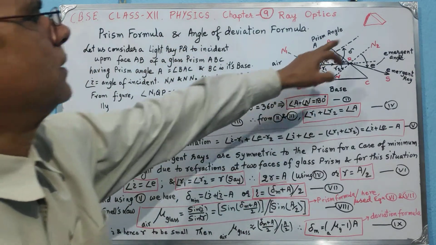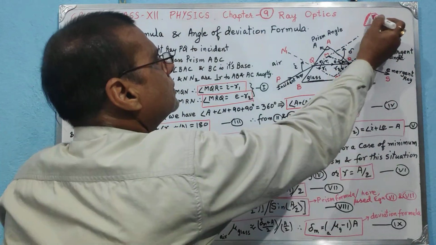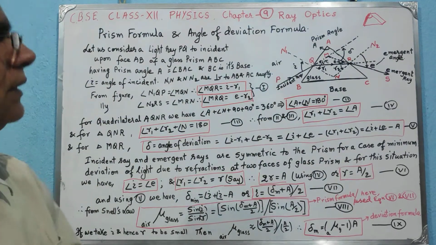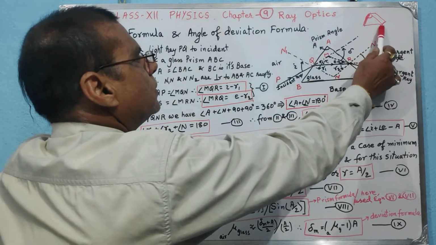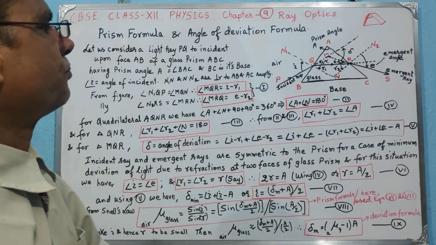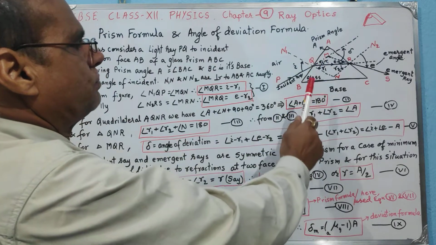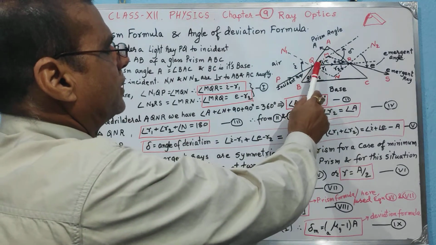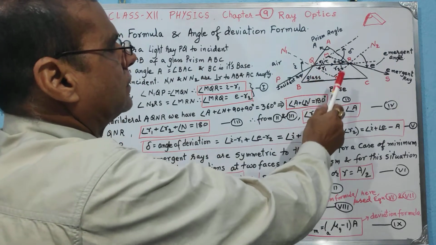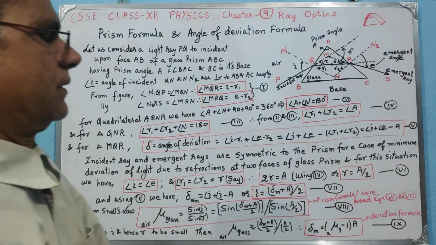Well, you see the topmost angle, this apex angle, is known as the prism angle, and the lower surface is known as the base of the prism. We have considered a light ray incident on the glass prism, which after first refraction moves along direction QR, and after second refraction it moves along direction RS.